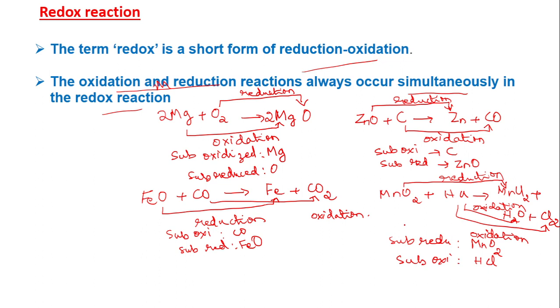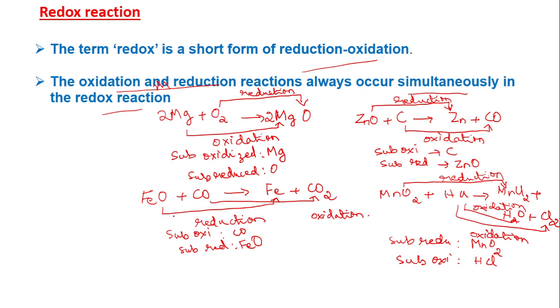Now I hope you understood about a redox reaction. You have to learn about which is the oxidizing agent and which is the reducing agent. Oxidizing agent means substance which will provide oxygen for the oxidation. Always the substance undergoing reduction will behave as an oxidizing agent. Let us see.